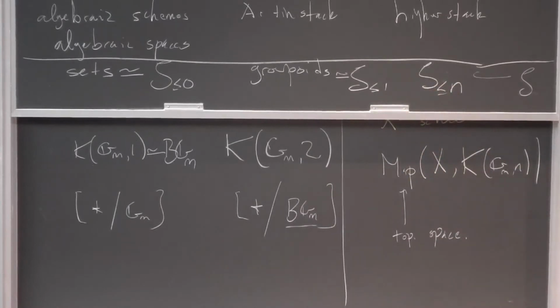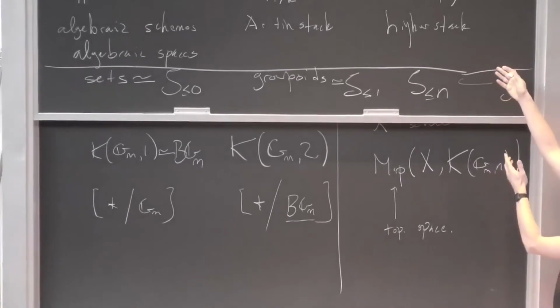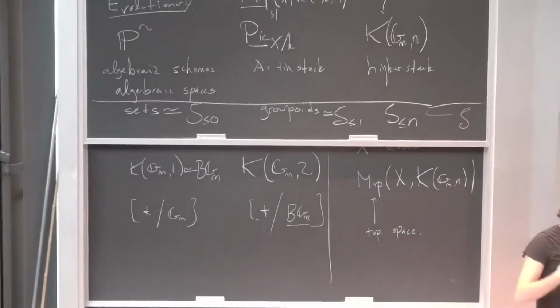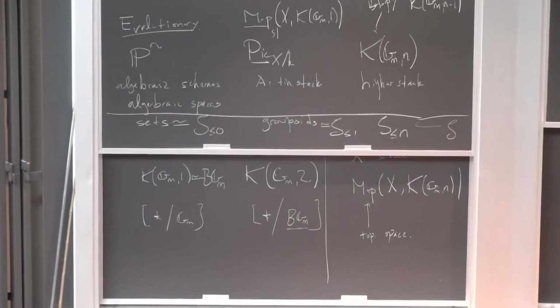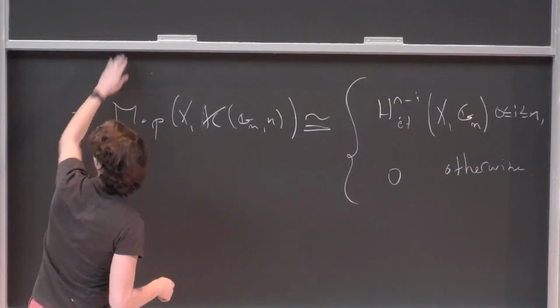So the basic idea is, well, now that we've allowed these higher stacks into our hearts, which didn't really take long, we can imagine geometric objects where the structure sheaf, OX, is actually itself some kind of sheaf of topological spaces. And that's the fundamental idea of derived algebraic geometry.